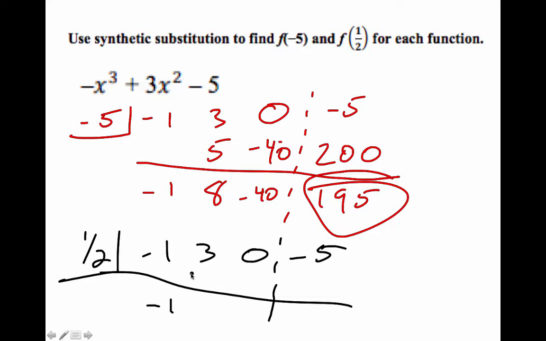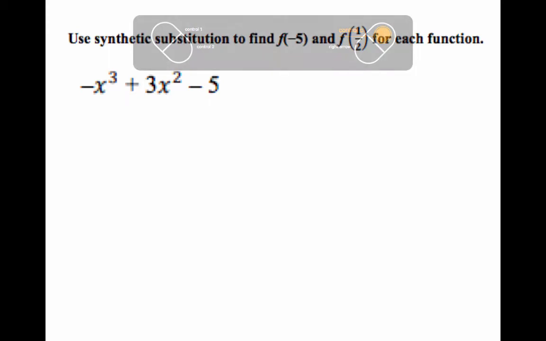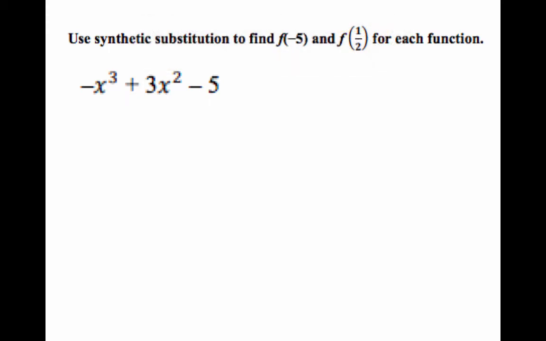Negative 1, multiply, add, what's that? 6 over 2 minus 1 over 2, 5 over 2, multiply 5 over 4, add 5 over 4, multiply 5/8. So I got negative 5 and 5/8. What's that? Negative 4 and 3/8. That's not bad. Way better than plugging in. Good stuff. Synthetic substitution. Hopefully you're enjoying this as much as I am.